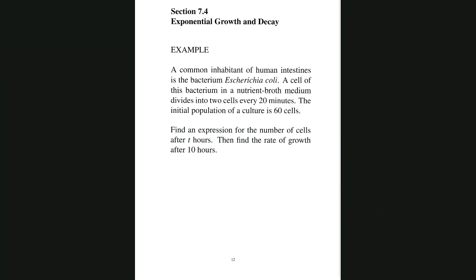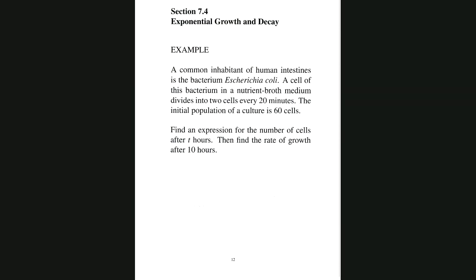The initial population of the culture is 60 cells. We want to find an expression for the number of cells after t hours and then find the rate of growth after 10 hours.